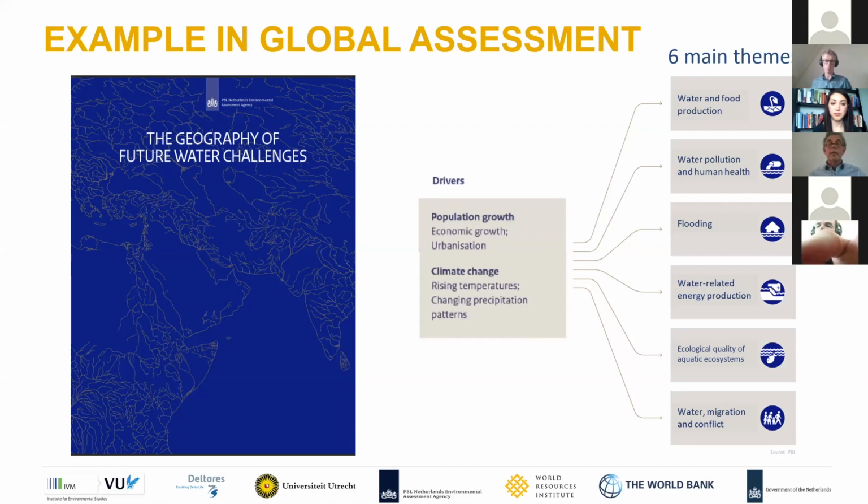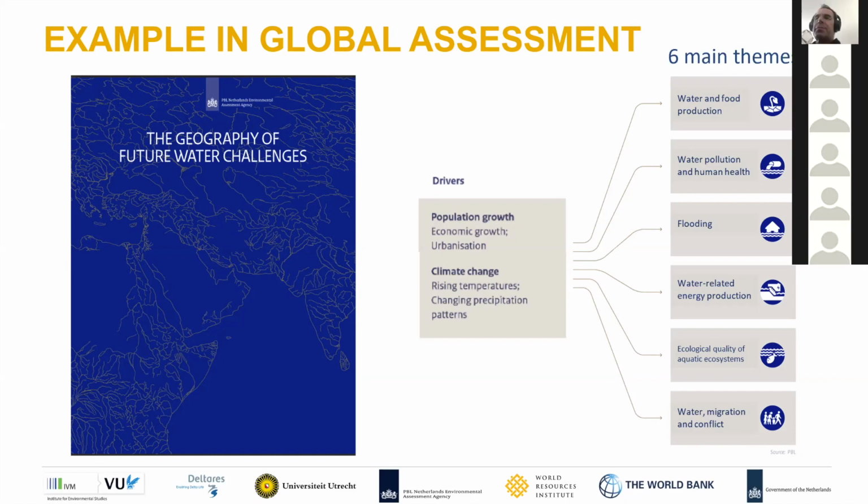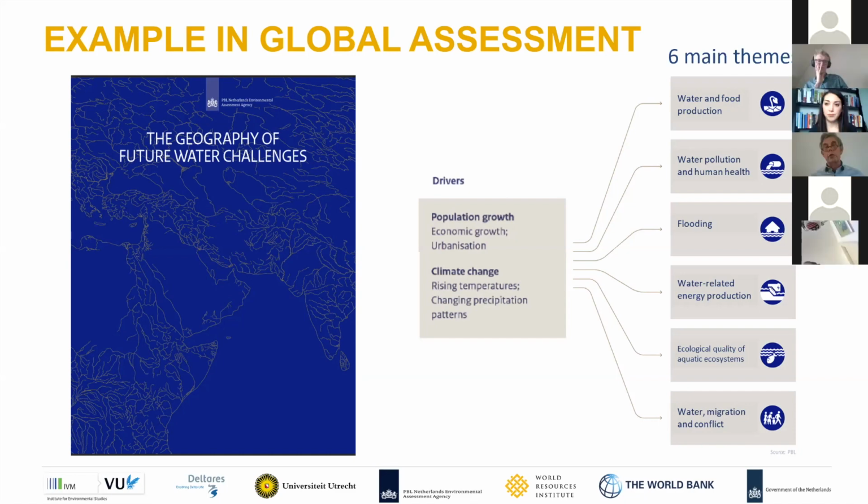In the next few slides, I would like to give you a flavor of how we use the global flood risk model in our global assessments. I think one of the great advantages of Aqueduct Floods is that it bridges the analysis across scales and contributes to the consistency of analysis on country scale, regional scale, and also global scale.